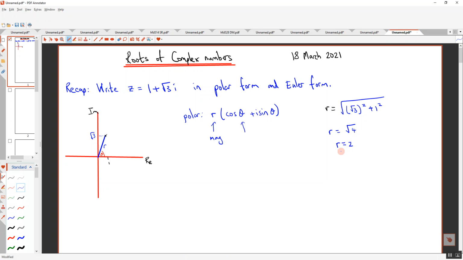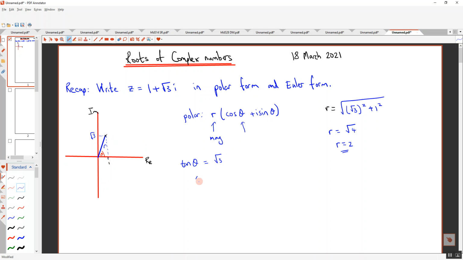Yes? Yes. All right, now to work out the angle, again, we think about this as a right angle triangle. We're going to use tan of the angle is equal to opposite, so this length is root 3, over the adjacent, which is 1.